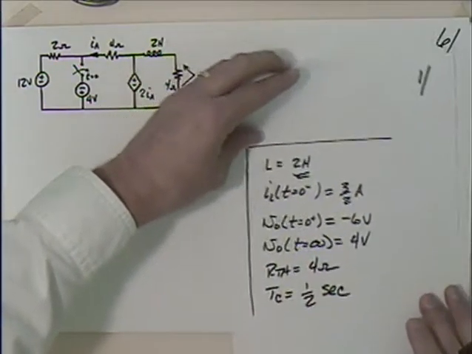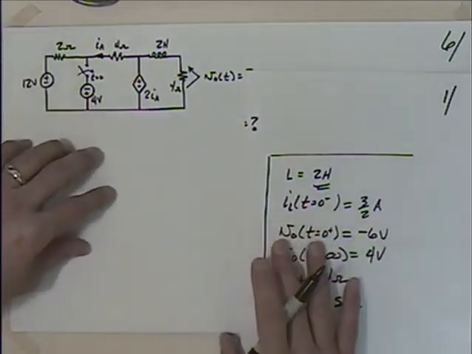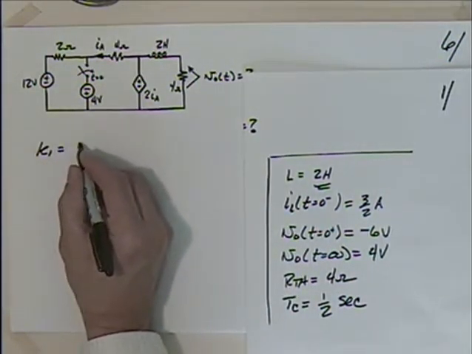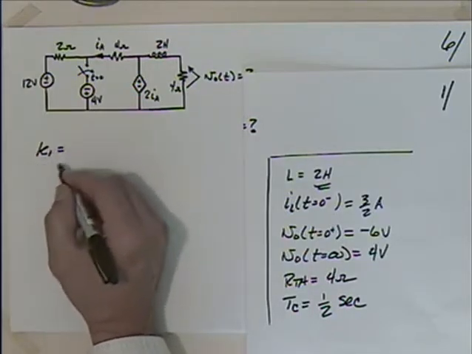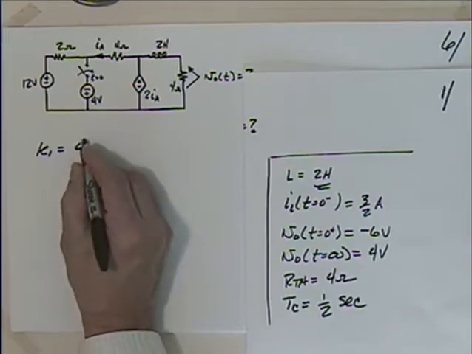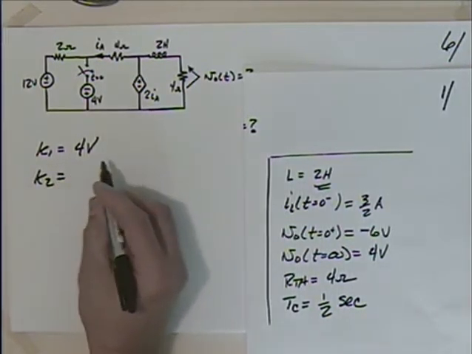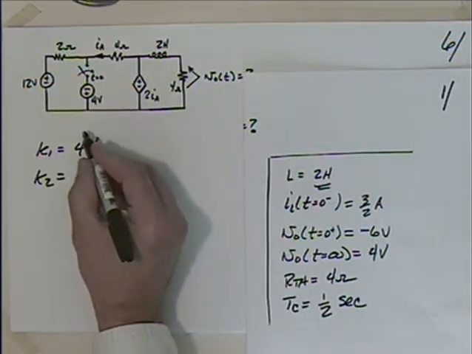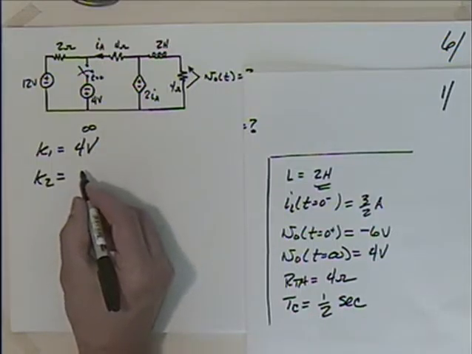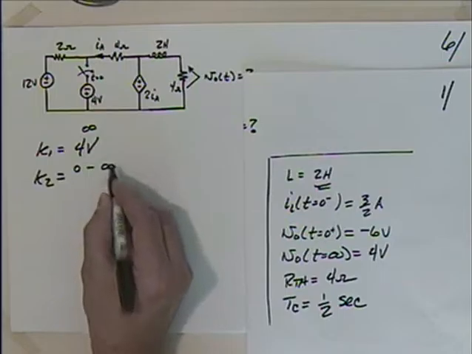So we can use this information here and say that K1 is equal to the value at infinity. And then K2 is equal to what you had at 0 minus what you had at infinity.